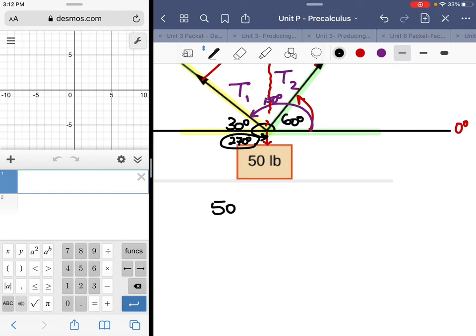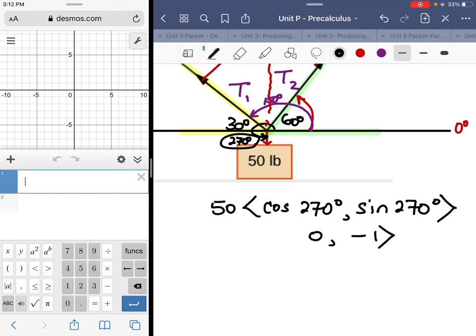If I say I have 270 degrees, that would be 50, that's my magnitude, 50 pounds, cosine 270, sine of 270. All right, cosine of 270 is 0, sine of 270 is negative 1.